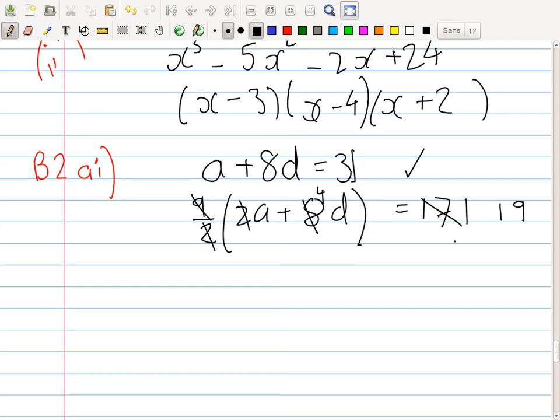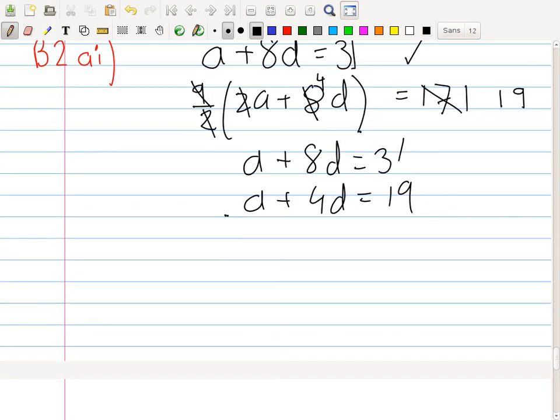Is that right? You were the ones with the calculators in front of you. Okay, thank you. So I have a plus 8d equals 31 and a plus 4d equals 19. How do I solve? Subtract.